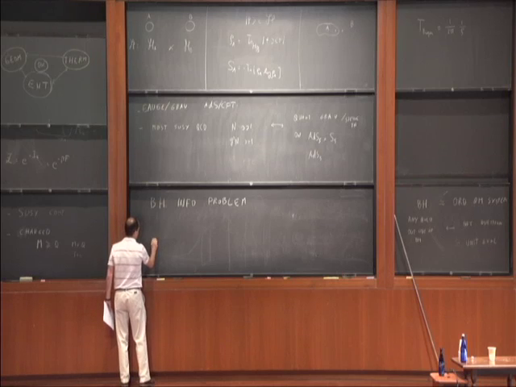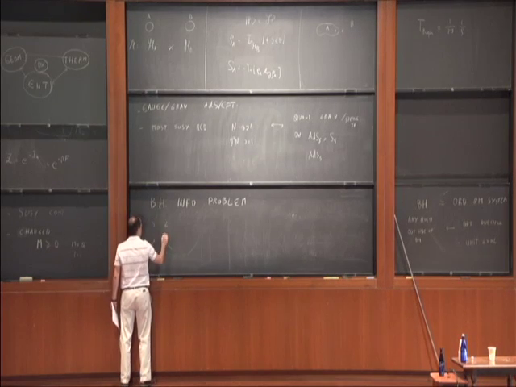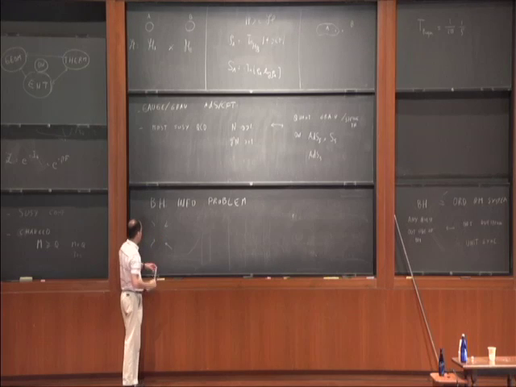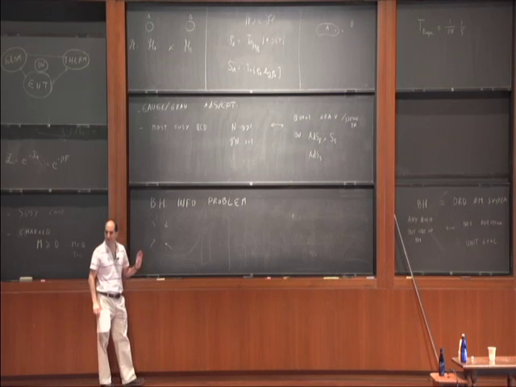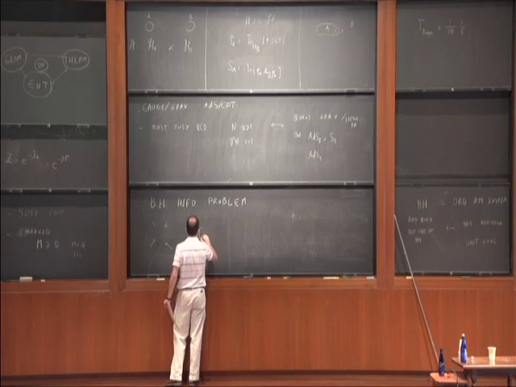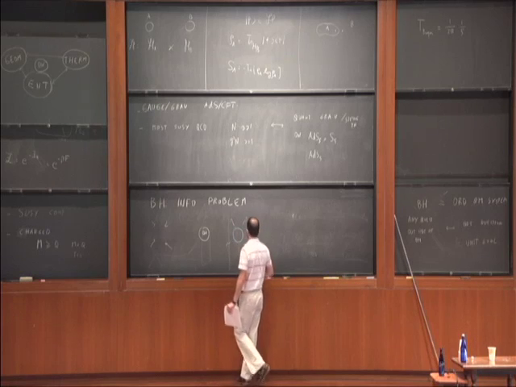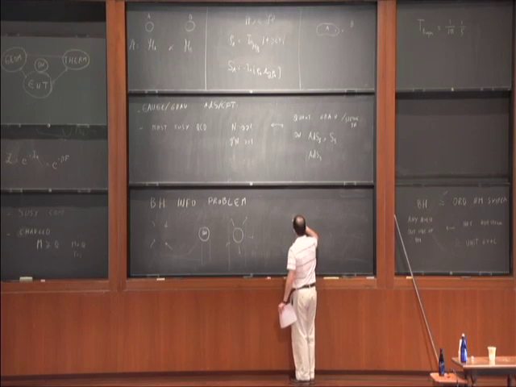Imagine you send some matter in, and you prepare the matter in a pure state, or in a small number of initial states. Then you form a black hole. This black hole starts emitting radiation. It emits this thermal Hawking radiation. And at the end of the day, you only have this radiation.